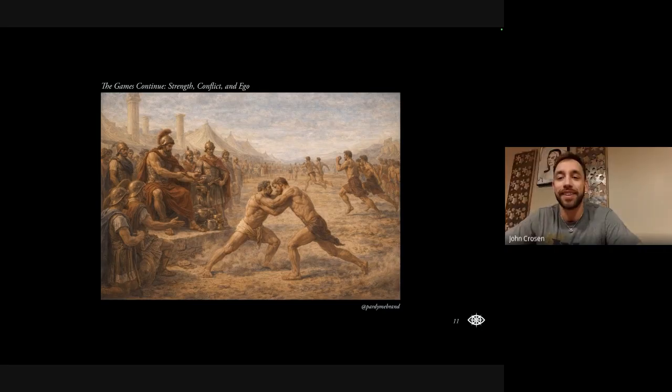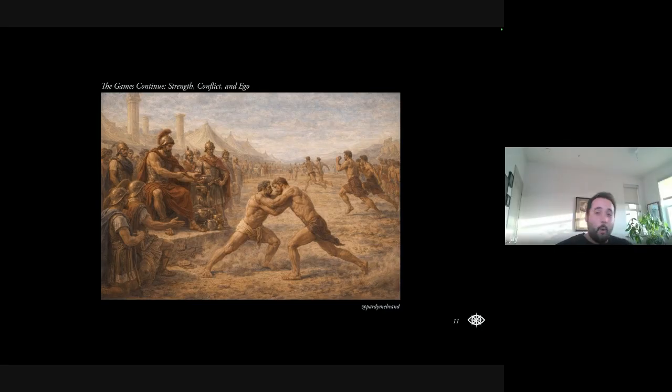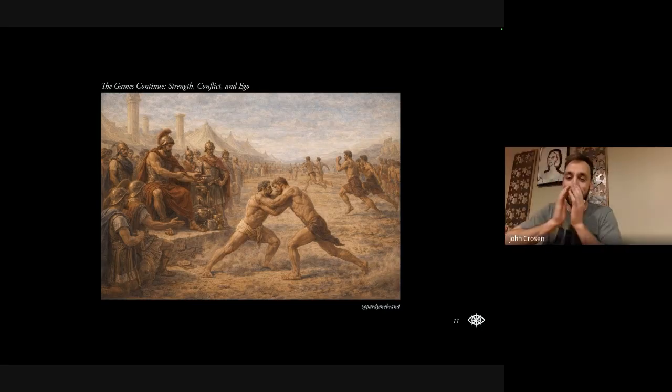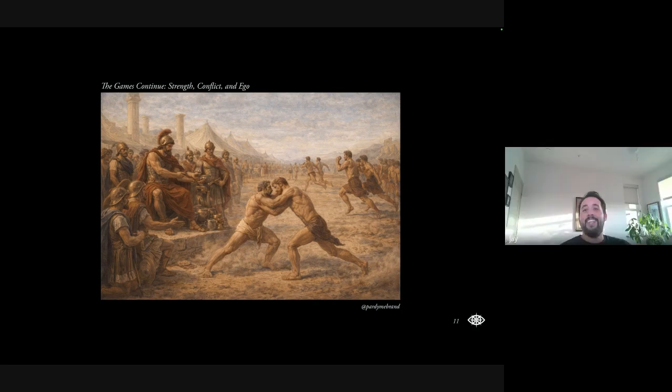Ajax swings, dude ducks it, and then he starts going for the neck, like he's gonna kill. The crowd's like, oh, whoa. And Achilles is like, okay, that's enough of that. It was so crazy to me that, okay, we're having these funeral games or whatever, and we are attempting to actually kill our friends and our peers.